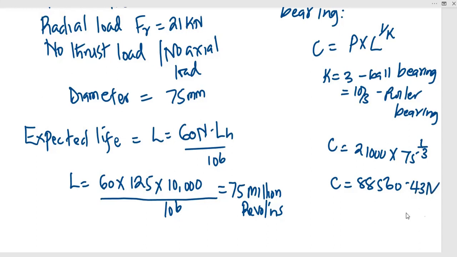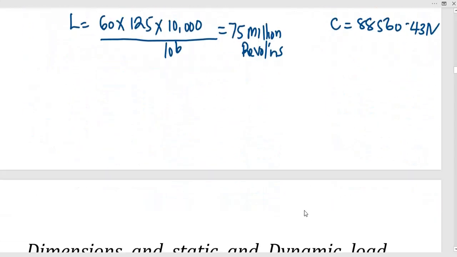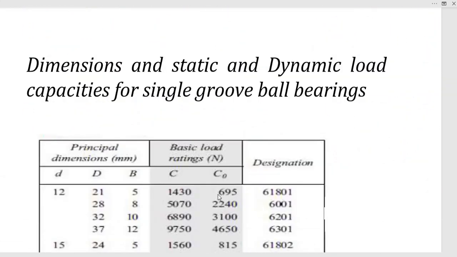So this has given us C, the dynamic load capacity, as 88,560.43 newtons. Now we need to go to the tables provided to us. The table shows us the dimensions, and the static and dynamic load capacities for a single groove ball bearing.